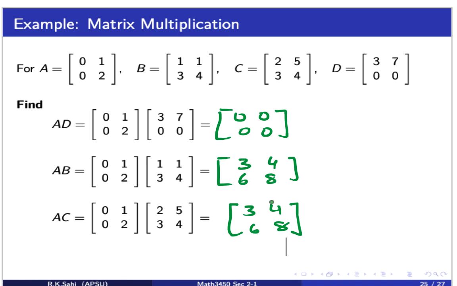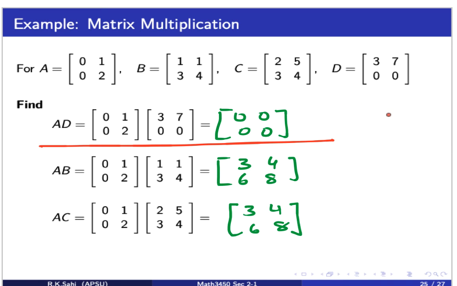Now, notice some things. Very important here. What is AD telling us? You have two non-zero matrices, but when they multiply, they become a zero matrix. So that is a very important property which simply says that two non-zero matrices can become a zero matrix.